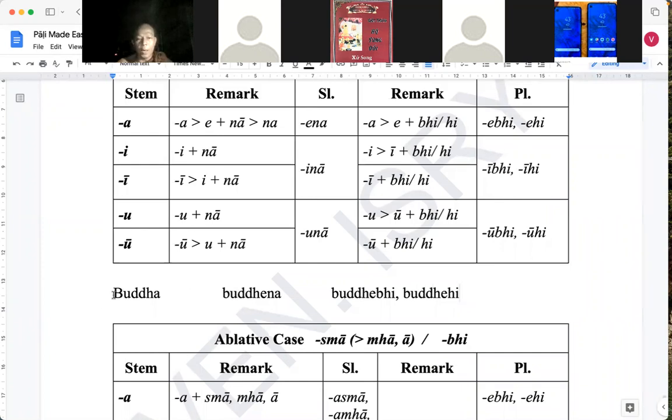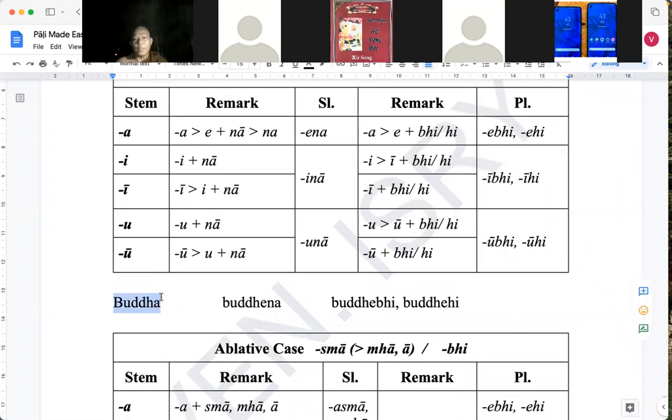That is why, a stem ending in a, if we decline it with the instrumental case, singular is Buddha plus na, and plural forms are Buddha plus bi and Buddha plus hi. Okay, so Buddha plus na, Buddha plus hi, Buddha plus bi.